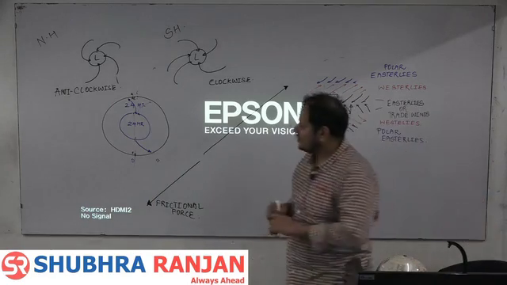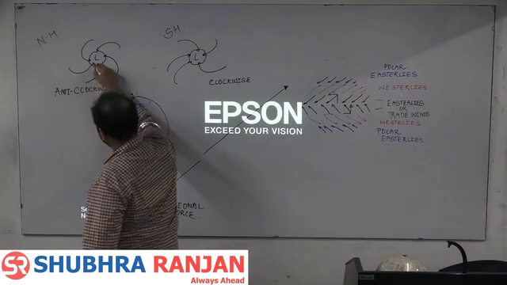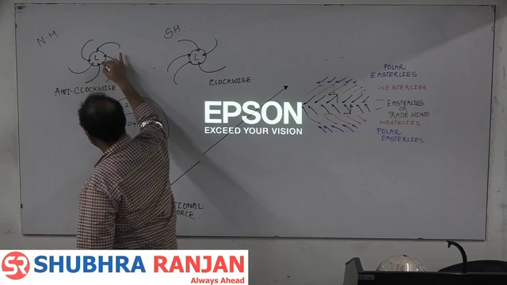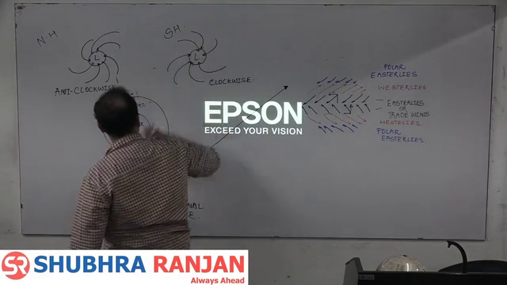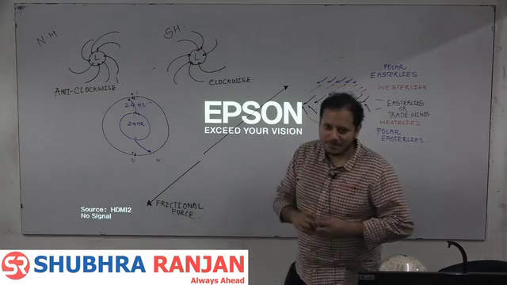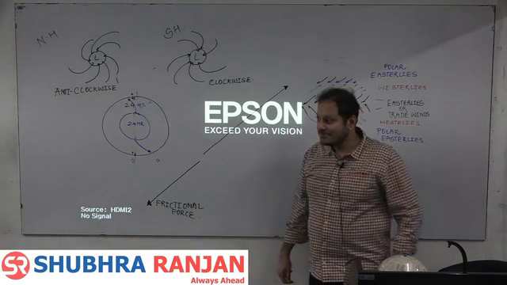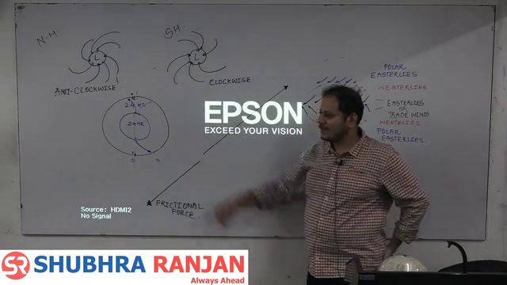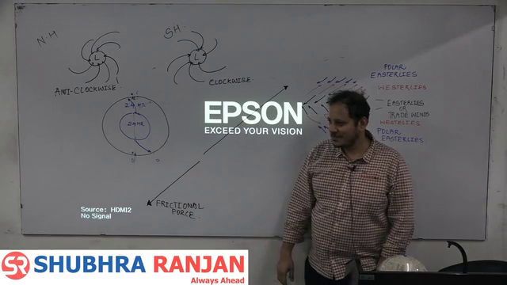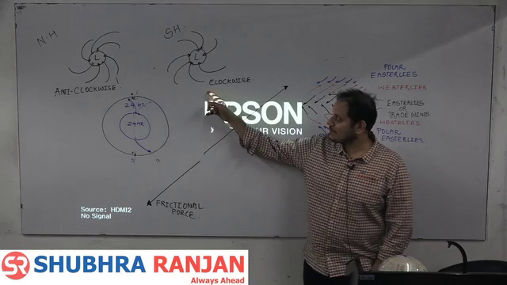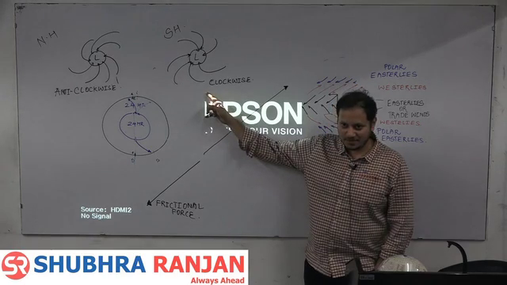Tell me the reason. Coriolis force applied. ये तो राइट में जा रहा है, लेफ्ट में जा रहा है. This is clockwise in the southern hemisphere.